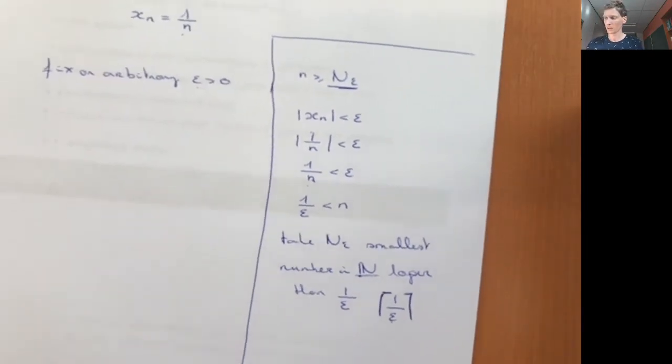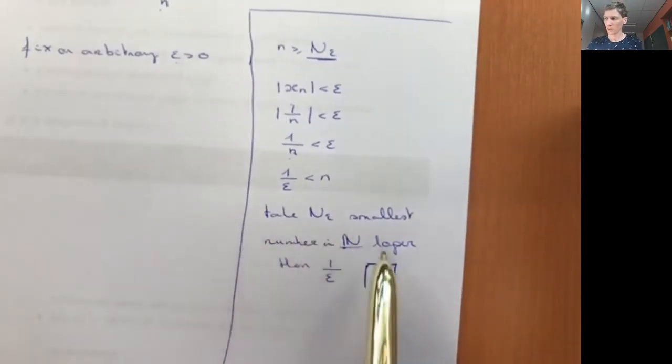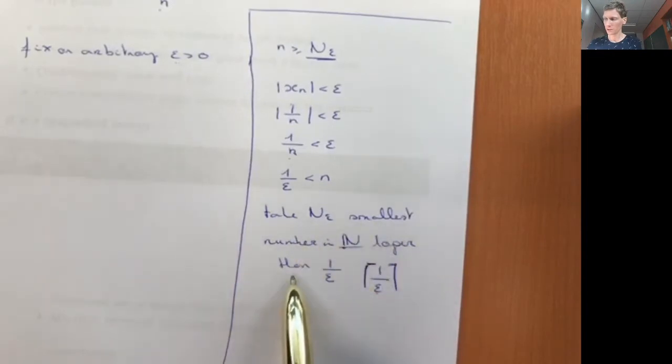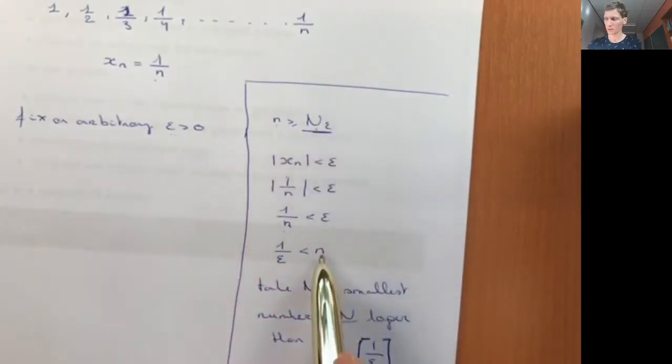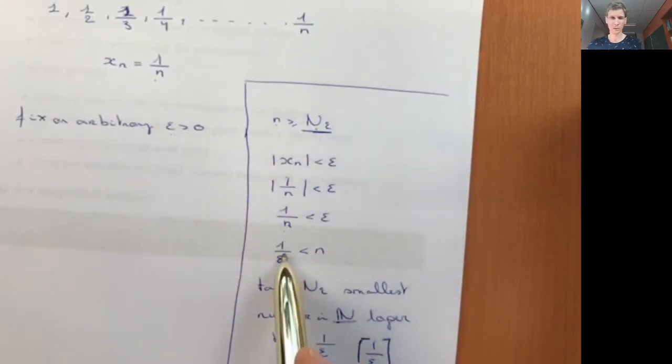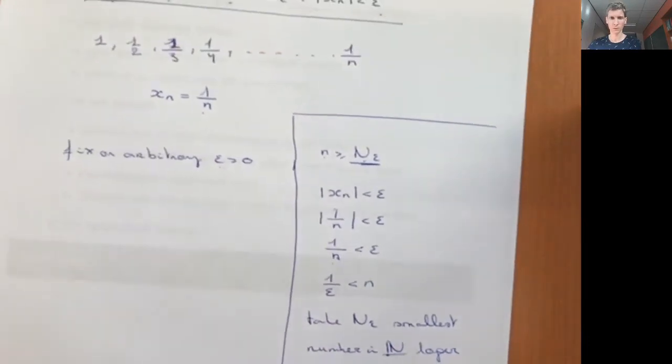So what do we have? If you take N to be this number that's bigger than 1 over epsilon, well, then if n is bigger than N_epsilon, small n will also be bigger than 1 over epsilon. Good.